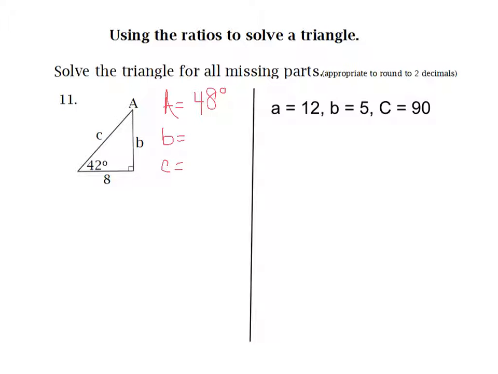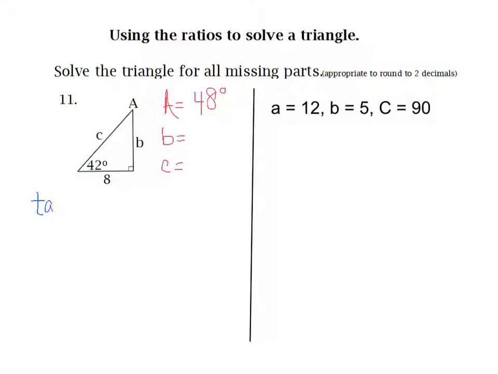To find little b and little c, I'm going to have to do some SOHCAHTOA. Let's start with side B. If I'm looking for side B, I see what that is in reference to the given angle. It appears to be the opposite side, and I know the adjacent. Opposite and adjacent is going to have to be tangent.